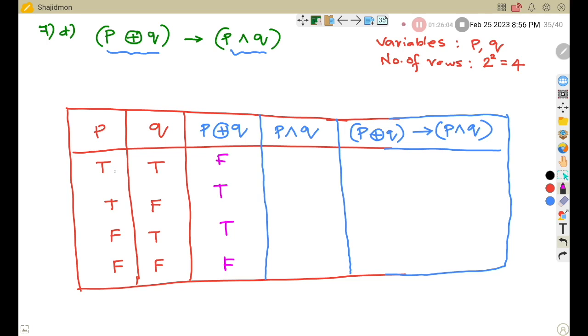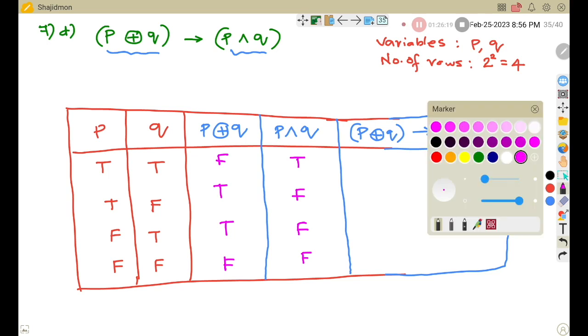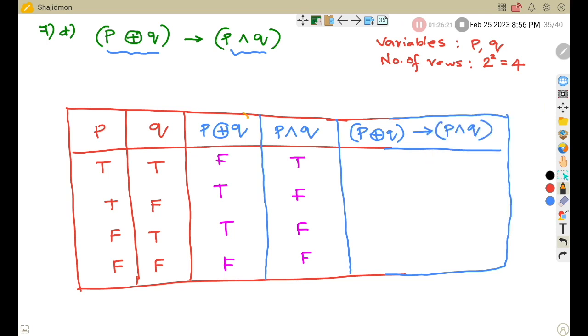Now P and Q. Both are true, true, otherwise false. So true and true, true. True and false, false. False and true, false. False and false, false. Now we are using the implies one-sided arrow. This one and this one we are using implies operation, correct?